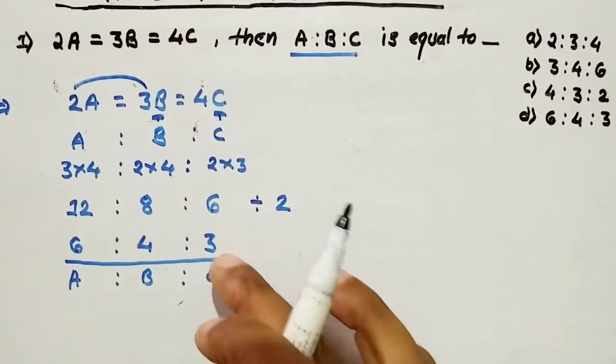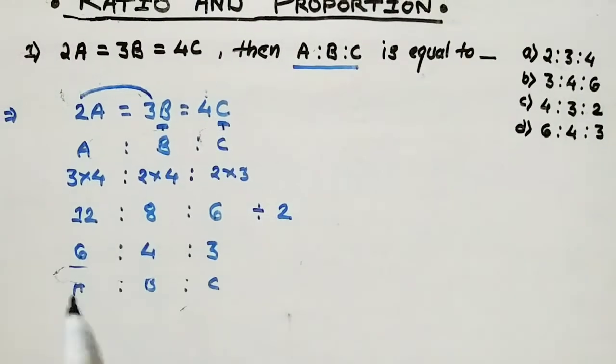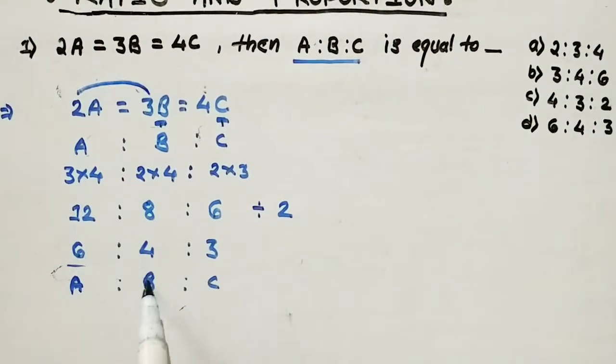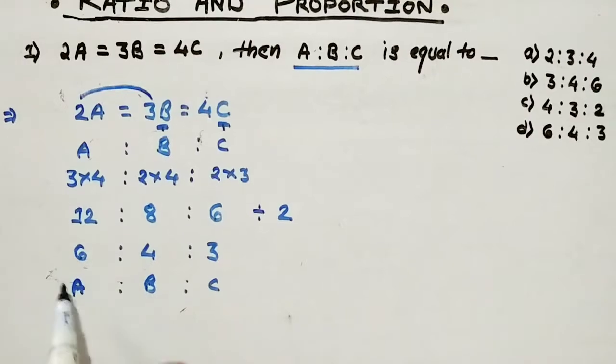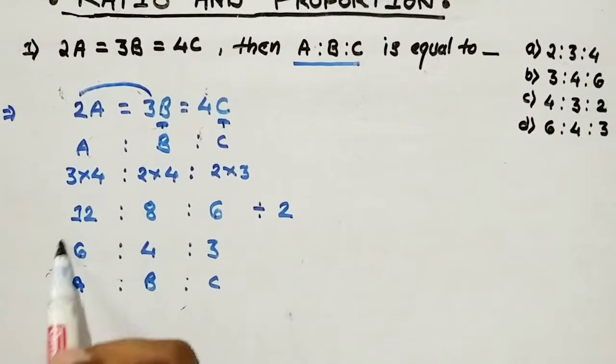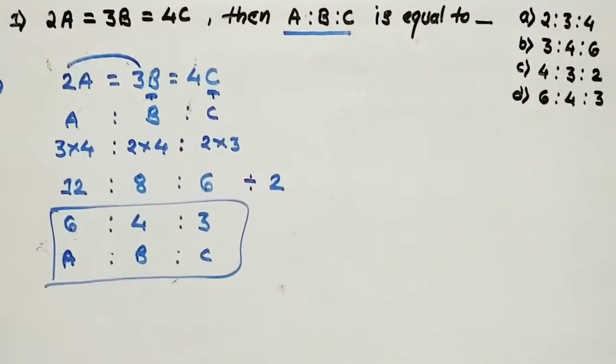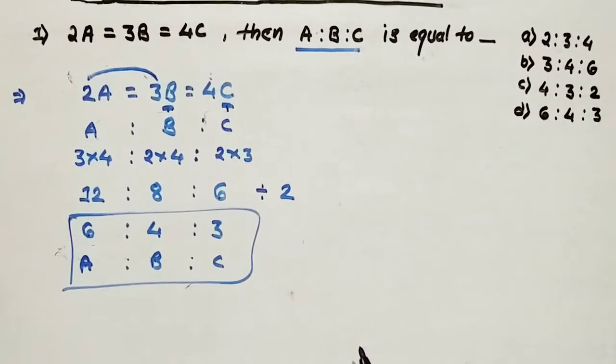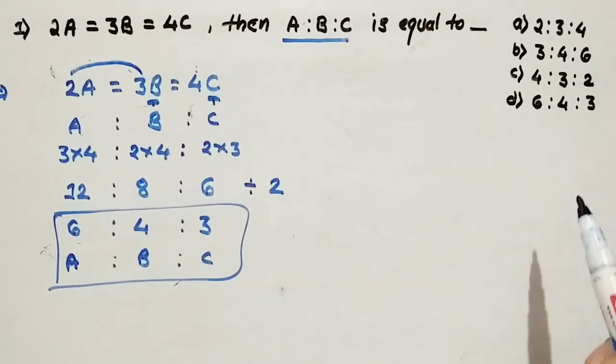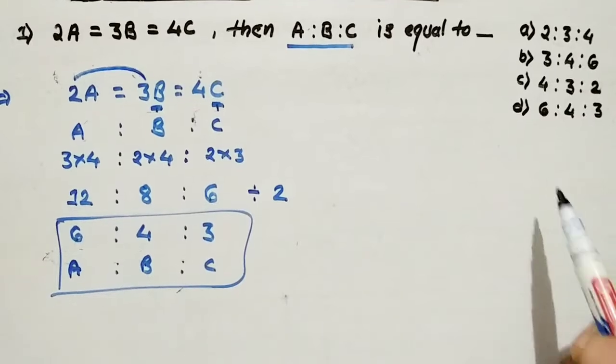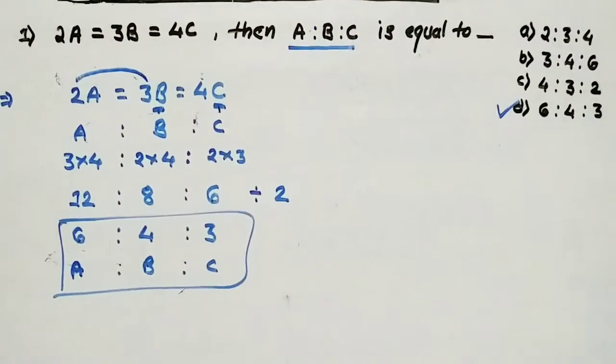So student, this is not a divide sign, okay, this is not a divide sign. So a is to b is to c, 6 is to 4 is to 3, so which option is correct?